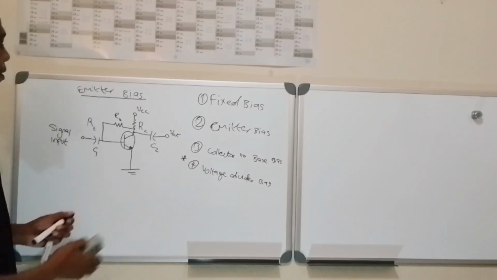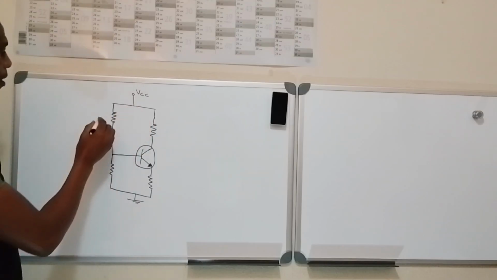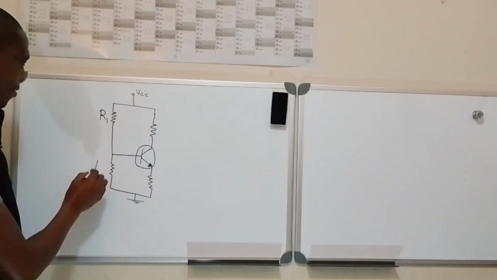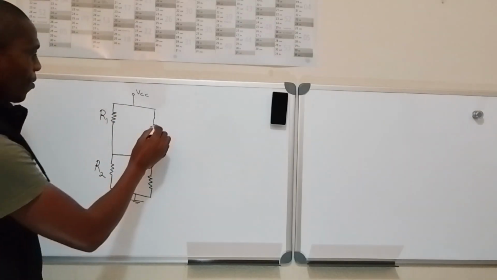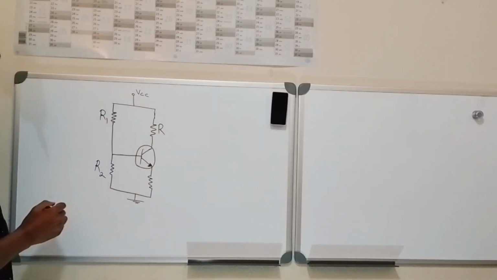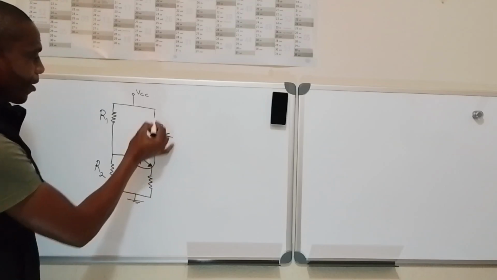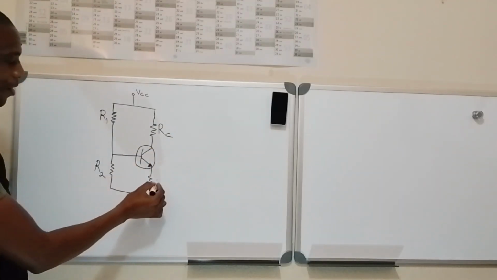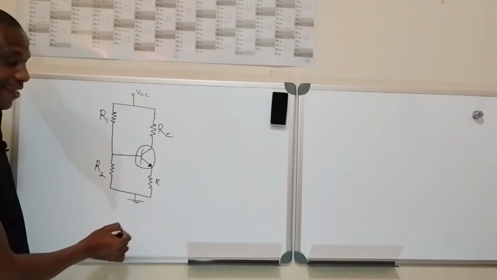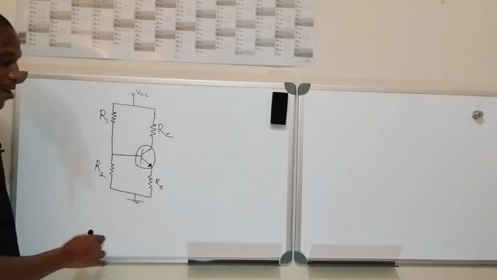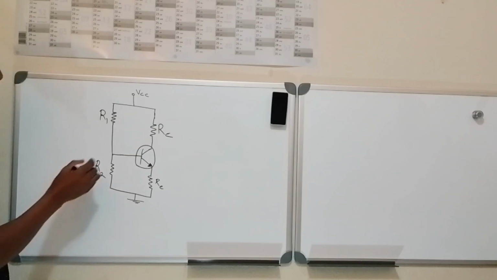Now let's talk about this one. We call this one R1, we call this one R2, we call this one RC, because it's connected to the collector. We call this one RE, because it's connected to the emitter.